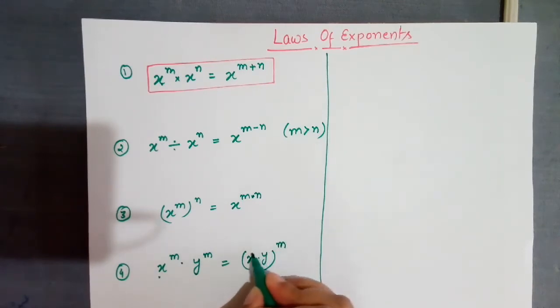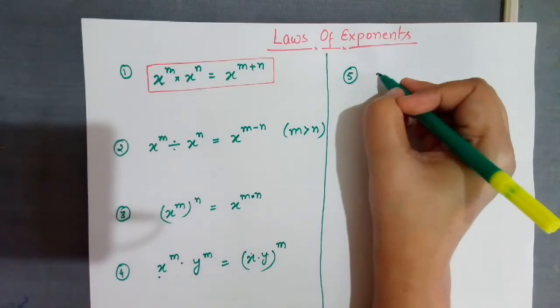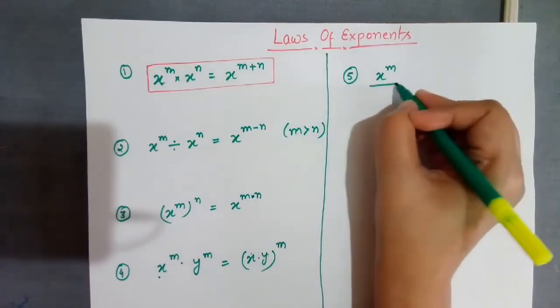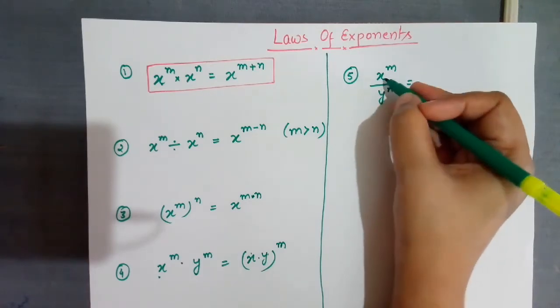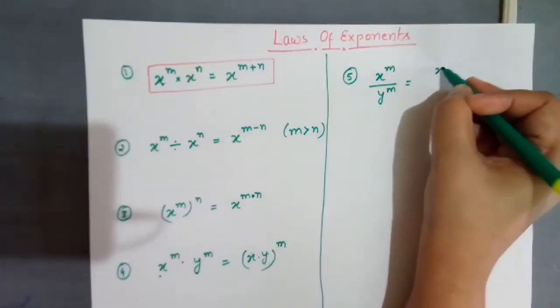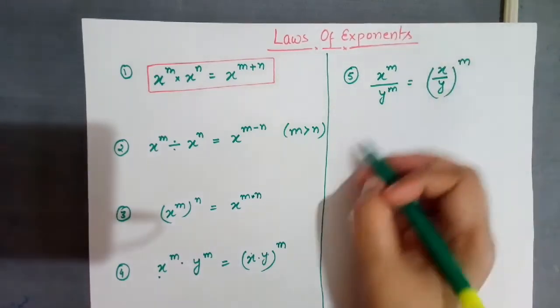This power will distribute to both the bases equally, x into y whole power m. Fifth one, x to the power m upon y to the power m. Here also the base is different, x and y, and it will become x upon y whole power m.